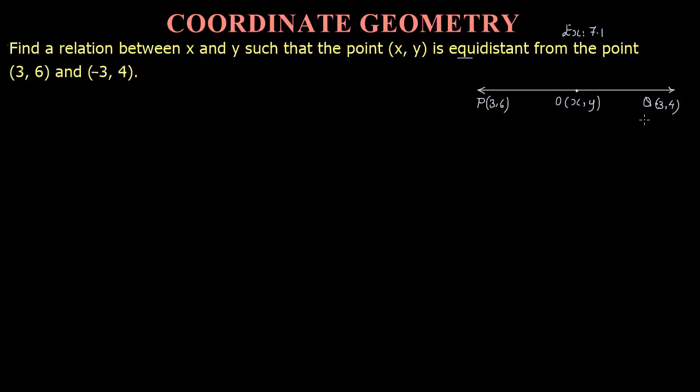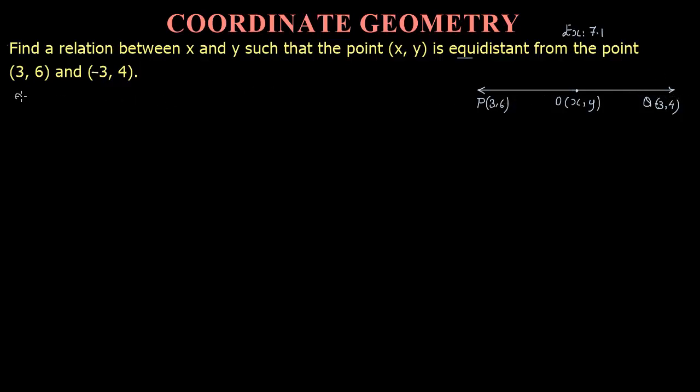I have written it over here, right? Now we need to find the relation between X and Y, right? So as this is the middle of the 2 points, I can write the distance between these 2 points is equal to the distance between these 2 points, right?